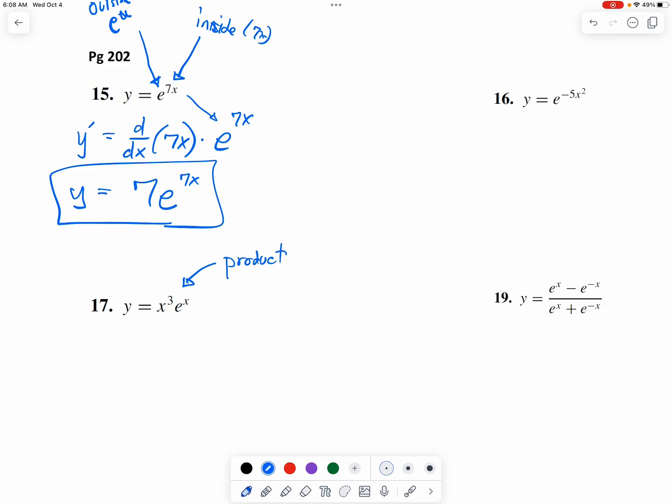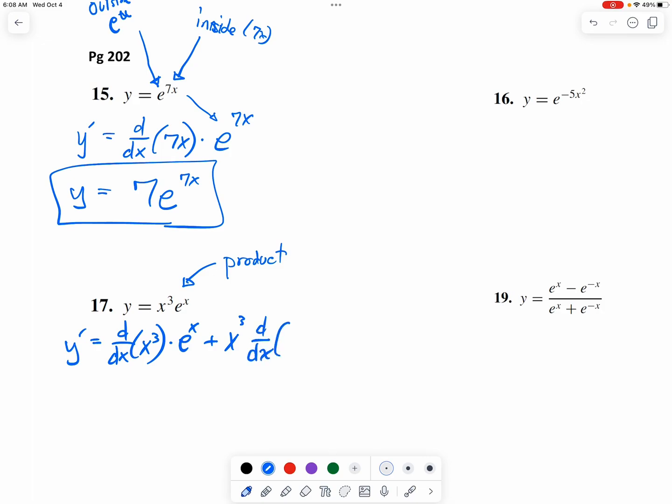So I'm just going to put, let's see, product rule is the derivative of the first times the second. So I'm just going to put d dx of x cubed. I'll clean that up later. Times the second, e to the x, plus the first, x cubed, times the derivative of the second.